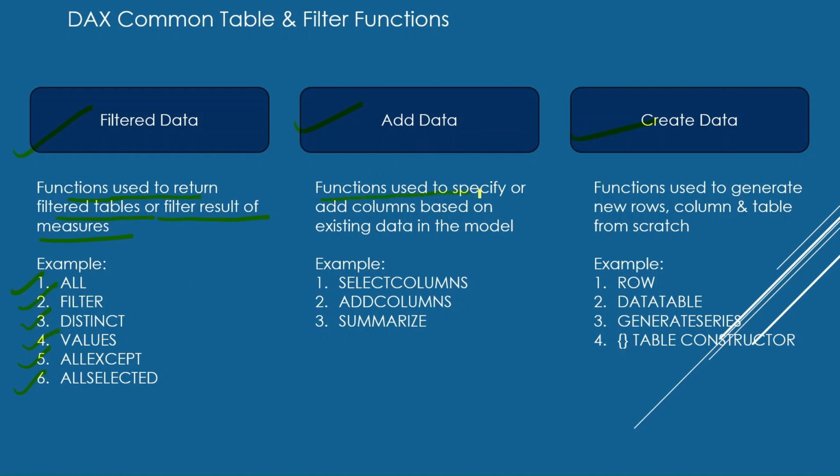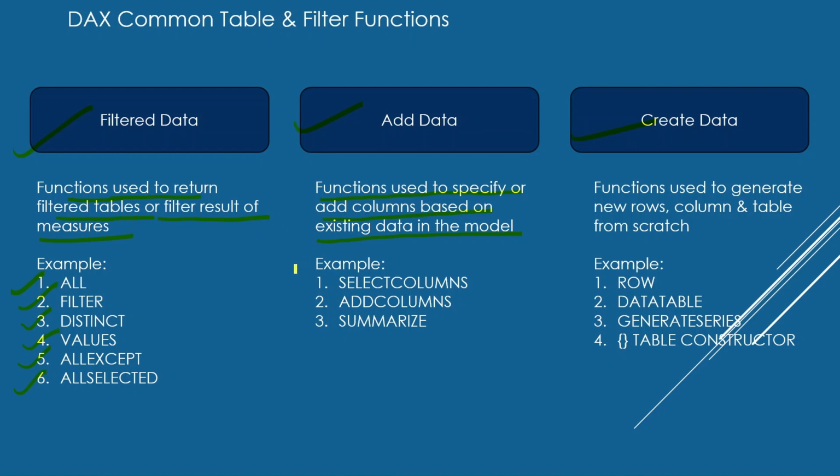The second category is add data. These functions are used to specify or add columns based on the existing data in the model. Suppose we have a table, and we want to add some more data to the existing table in the form of a column. With the help of the add data table and filter functions, we are able to do it.